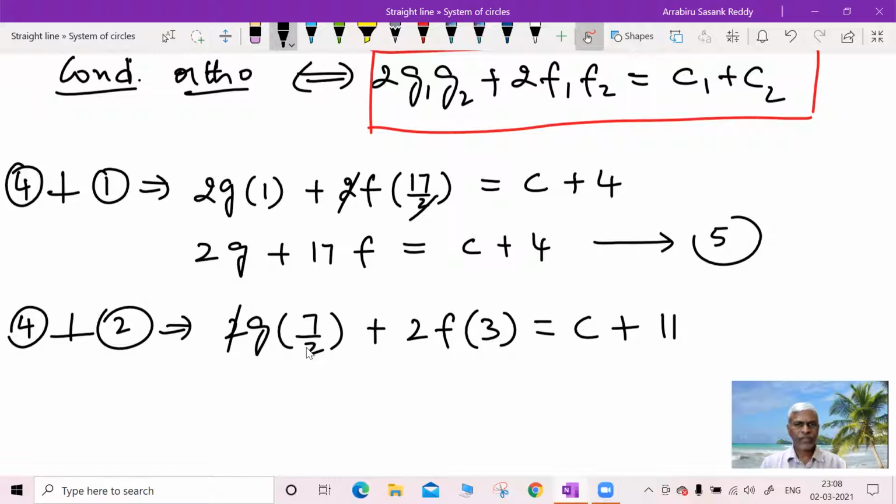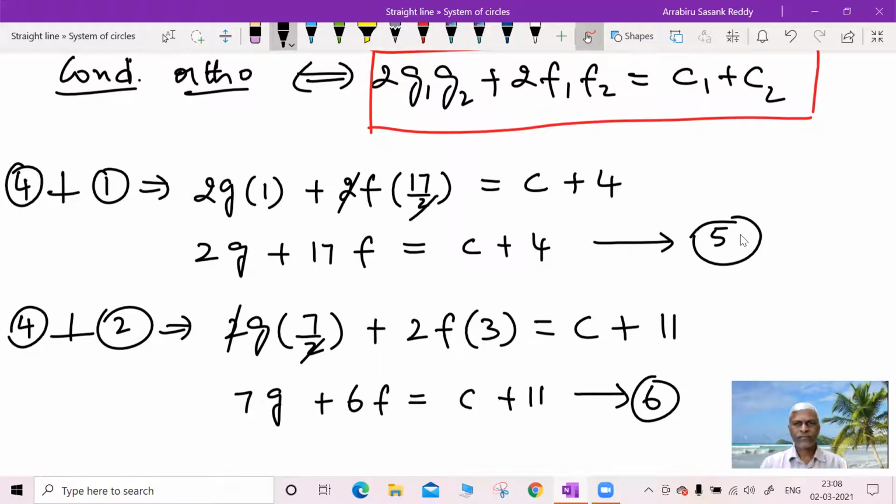So 2 will get cancelled. That is 7G plus 6F is equal to C plus 11. Let us call it as sixth equation.